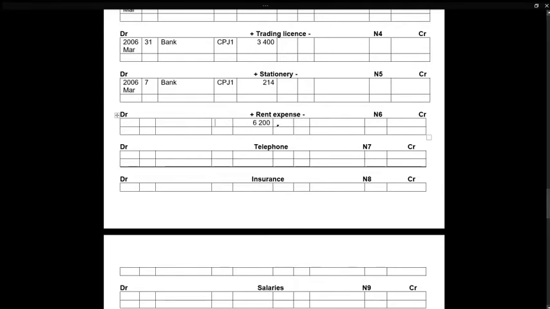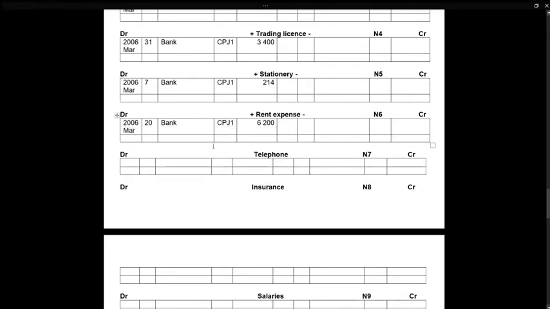Where did I get this information from? CPJ1. Details will be bank. Took place on the 20th, 2006 and March.